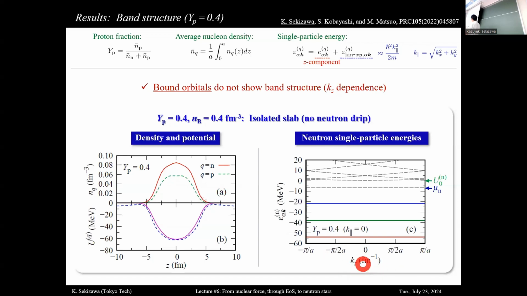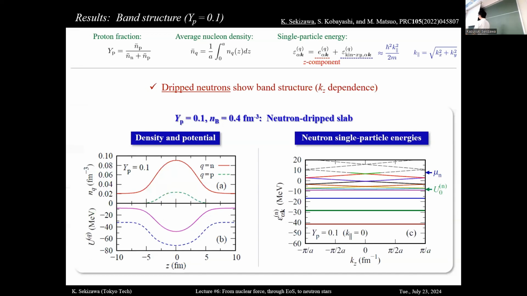This is related to the crystalline structure; actually, this is the so-called first Brillouin zone. In this case, those are bound orbitals inside the potential, so those single particle energies do not depend on the Bloch wave number, meaning that they are localized inside the cluster. So those bound neutrons are not affected by the periodic potential.